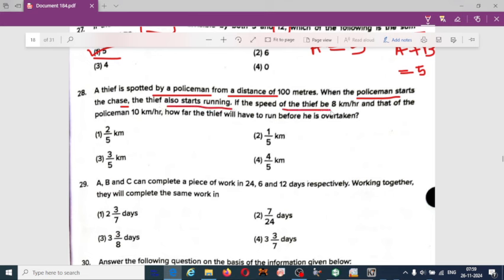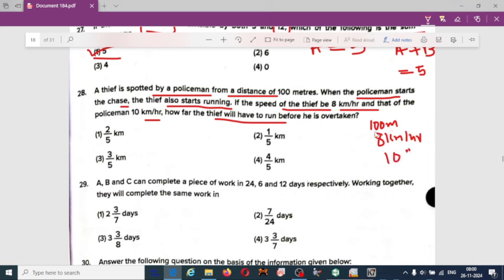If the speed of the thief is 8 kilometers per hour and that of the policeman is 10 kilometers per hour, how far will the thief have to run before he is overtaken? So the distance between the thief and the policeman is 100 meters. The thief is running at 8 kilometers per hour, and the policeman is running at 10 kilometers per hour.